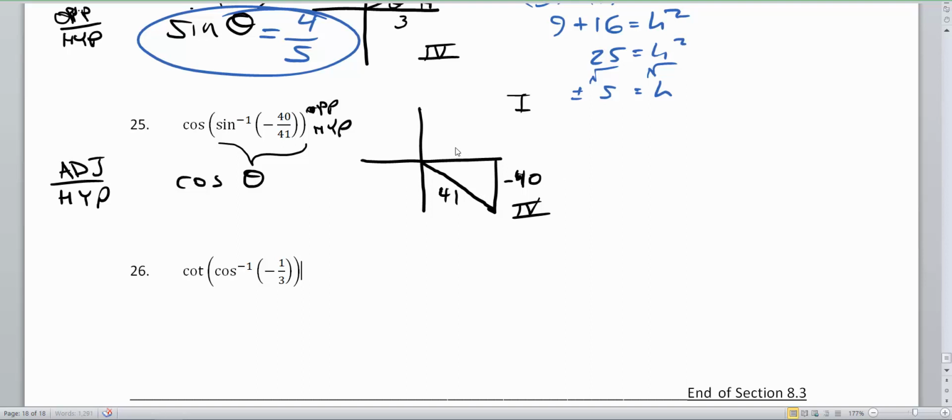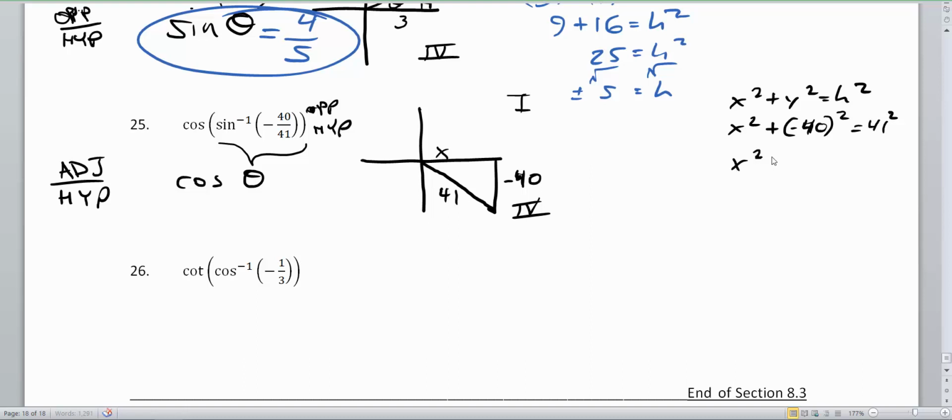So it's time to find our missing side, x. Let's get out our Pythagorean theorem, which is x squared plus y squared equals hypotenuse squared. We don't know the x in this case, but we do know the y, which is negative 40. Using the negative here is going to help. And then I have my hypotenuse squared. Oh, but I know my hypotenuse in this case. Nice. My hypotenuse in this case is 41.